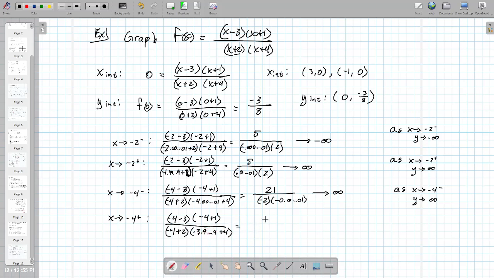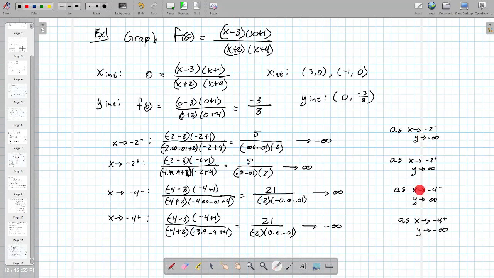So we get, again, 21 in the numerator divided by a negative 2 here times a positive but arbitrarily small number. So now we have 21 divided by a negative arbitrarily small number because we have a negative times a positive. So we get that this is negative infinity now. So as x goes to negative 4 from the right, y goes to negative infinity.